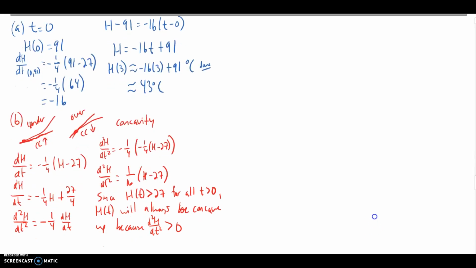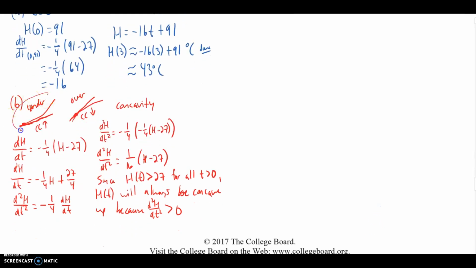And therefore, since we are concave up, we can look back to the first picture I drew. Therefore, our estimation, actually I guess I should use their terminology, therefore our approximation in part A is an underestimate.